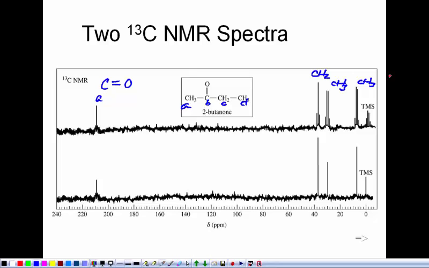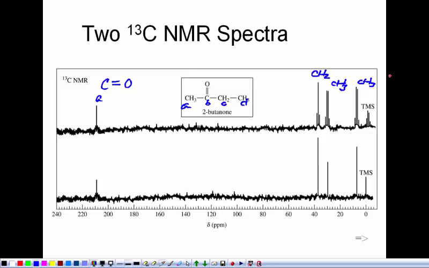So most of the time we actually don't run undecoupled, we run what's called decoupled, but I'll explain that later. But the idea is that the carbon can give us the pieces.